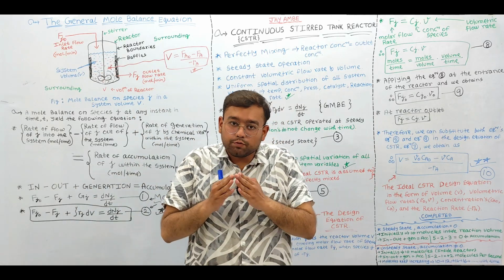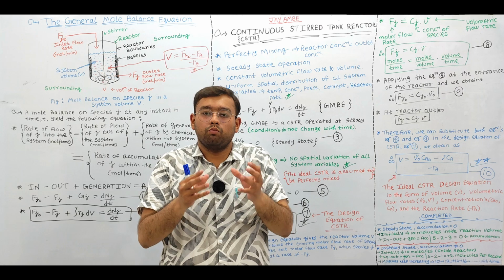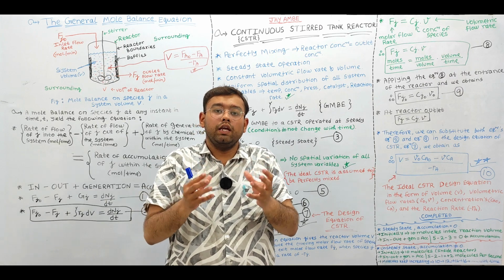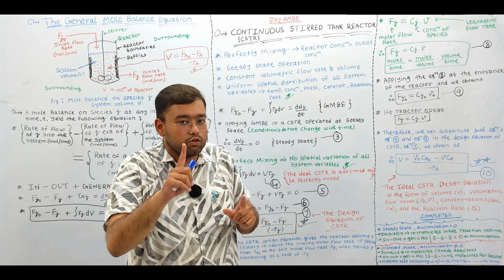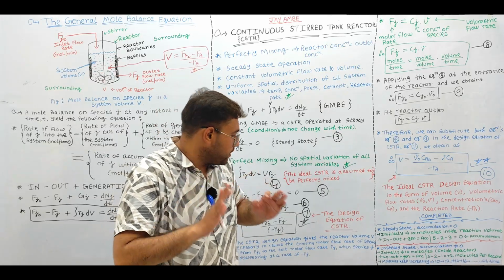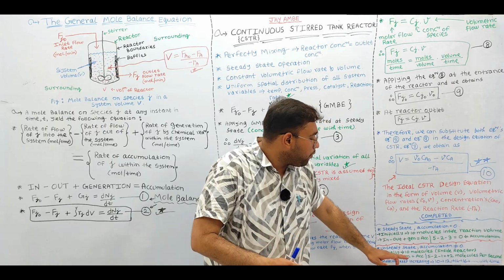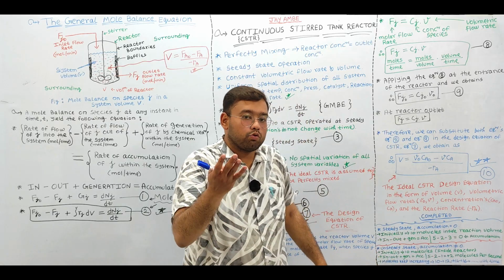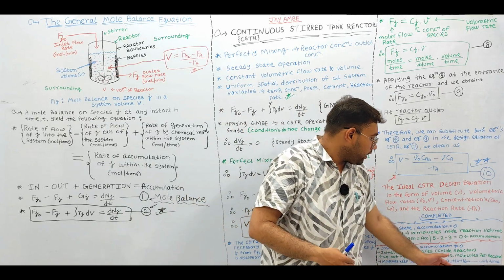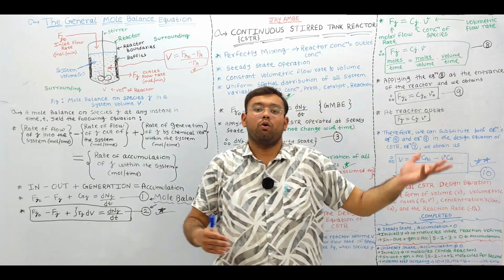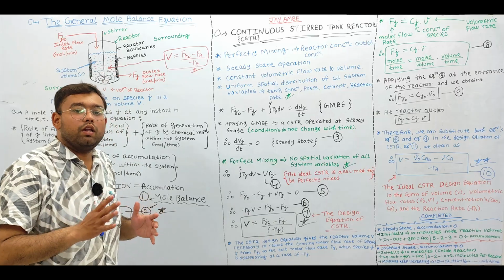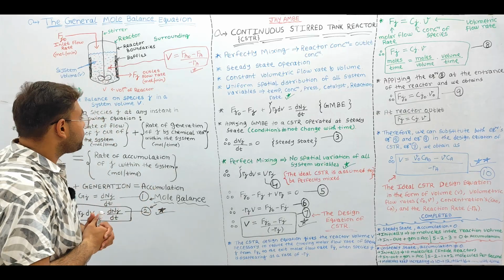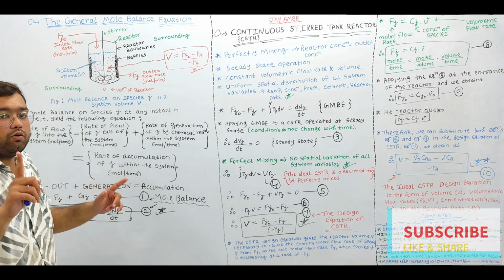Likewise, with respect to time the molecules will increase, and the accumulation will increase, due to which the accumulation term is not equal to 0 in the unsteady state operation. The molecules keep on increasing from the initial amount of 10 to 12, 14, 16, and so on. It's called the unsteady state operation, where the accumulation is not equal to 0.